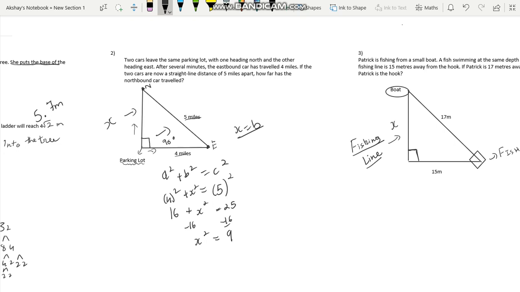x squared is equal to 9. We want to find x, so we square root both sides of our equation, which gives us x, and the square root of 9 is 3. So now we know that our x is equal to 3.